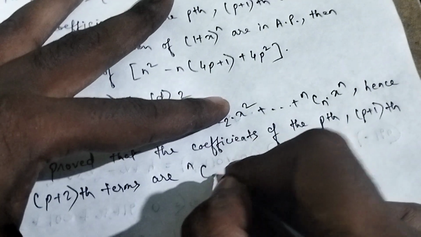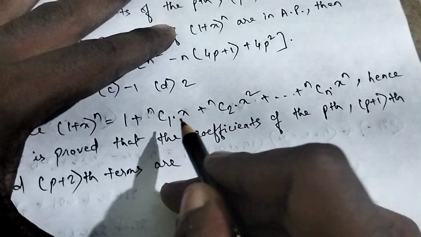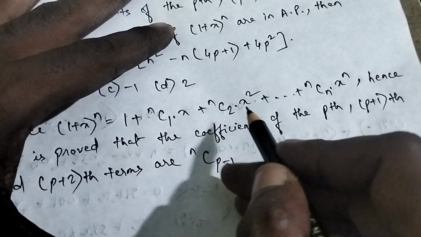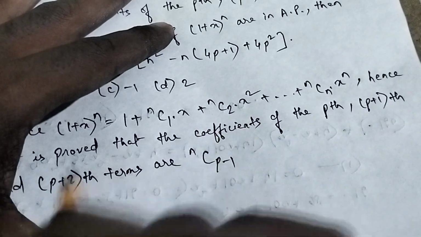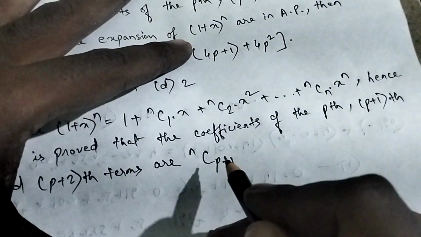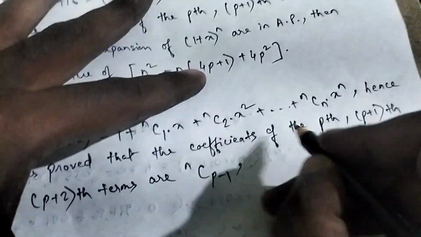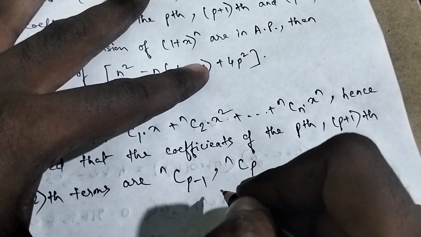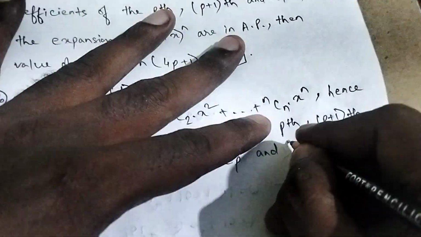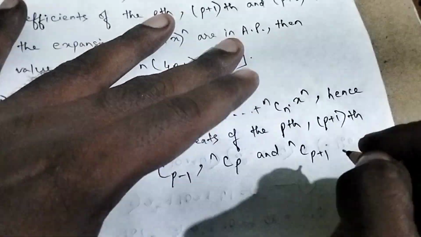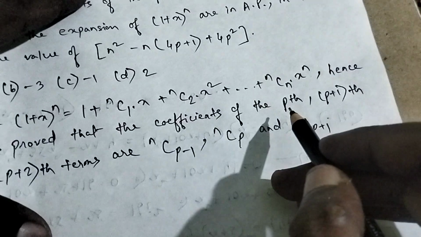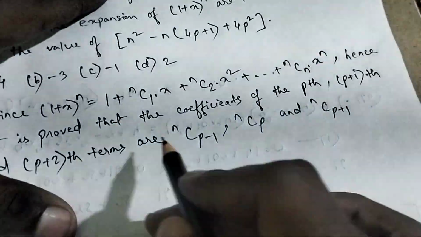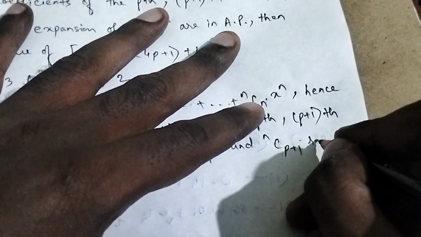Certainly nC(p minus 1). Second term is 1, third term is 2, just 1 less. The coefficient of the pth term will be nC(p minus 1), coefficient of the (p plus 1)th term will be nCp, and coefficient of the (p plus 2)th term will be nC(p plus 1). It is proved that the coefficients of the pth, p plus 1th and p plus 2th terms are this, this and this respectively.